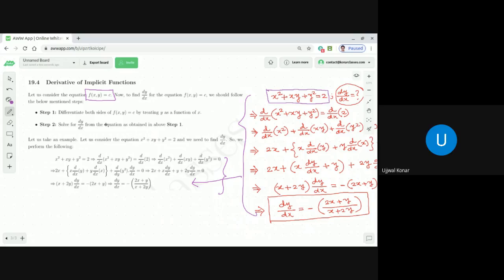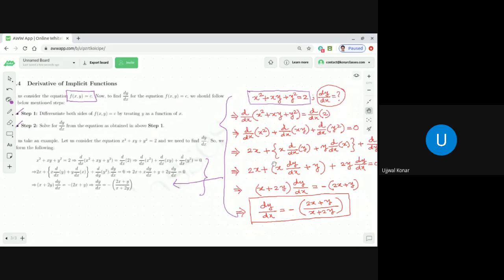Then differentiate, what are the steps? We should follow the below mentioned steps. Step 1 is to differentiate both sides of f(x,y) equal to c by treating y as a function of x. And step 2 is to solve for dy/dx from the equation in step 1. That's it. That's what we have done here.